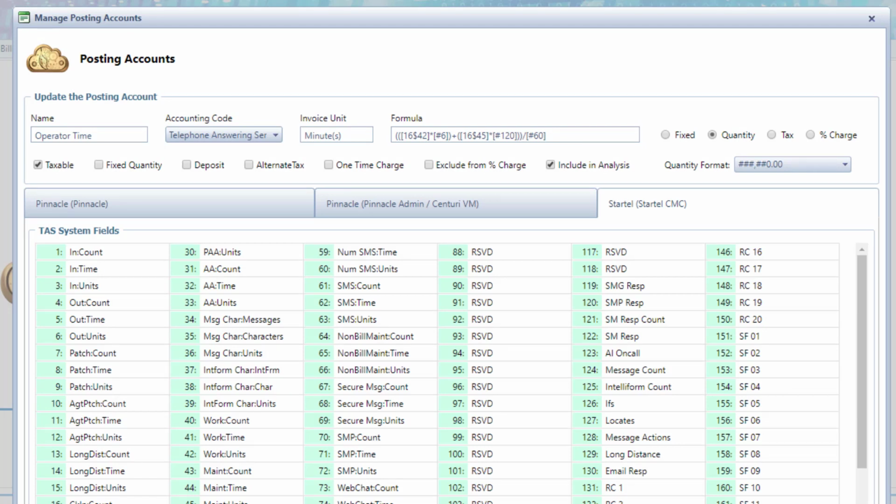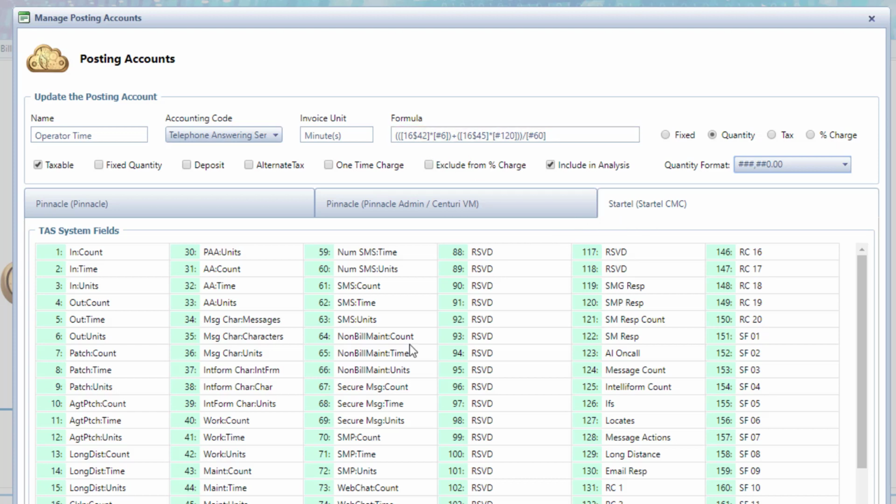Now here's an example of a more complex formula for operator time. Now because it's a time, we may have a quarter of a minute or a half of a minute, that sort of thing. So we want to be able to allow for decimal places on the invoice to show for the client. This formula is using units, which in StarTel are units of 6-second increments in my case.